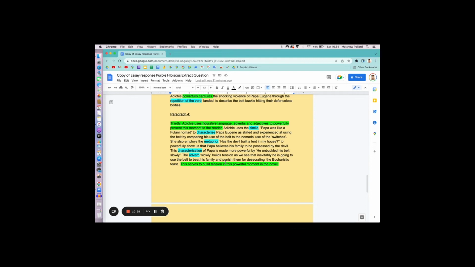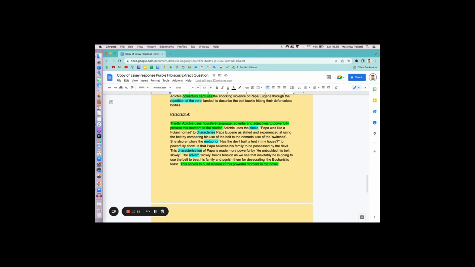I also wanted to make the next paragraph about vivid description and Adichie's suggestions that Papa's appearance is kind of at odds with the reality that we see in the extract. So these are decisions that you're going to need to make as you adapt your plan. Of course, it's 100% fine to stick with your original plan. But as you practice, you'll be more confident in adapting your plan if necessary.